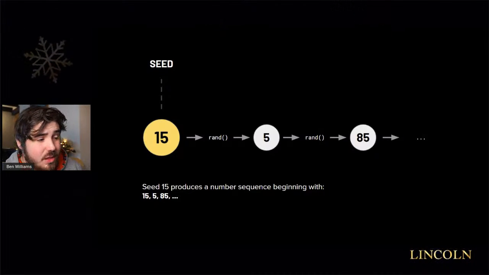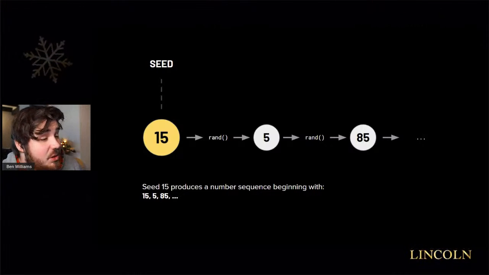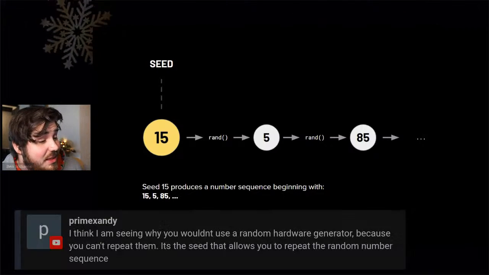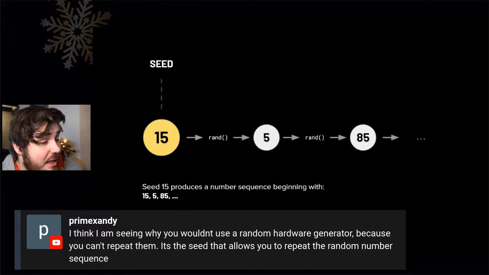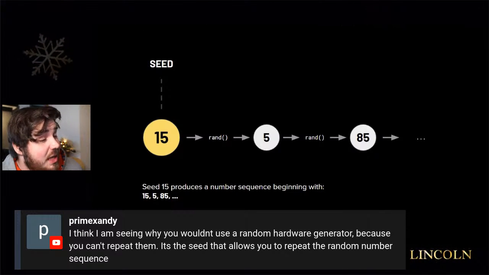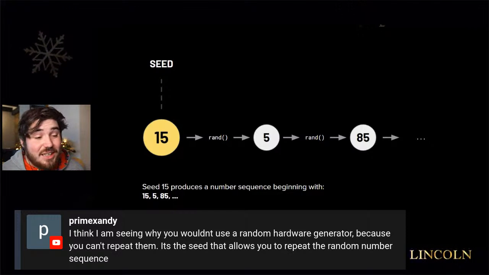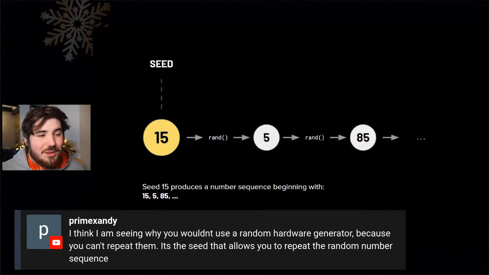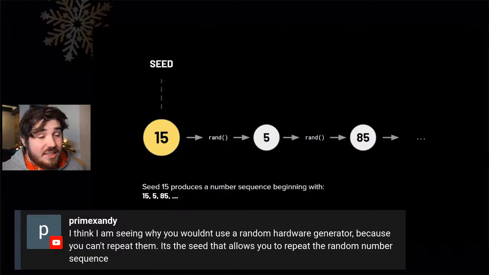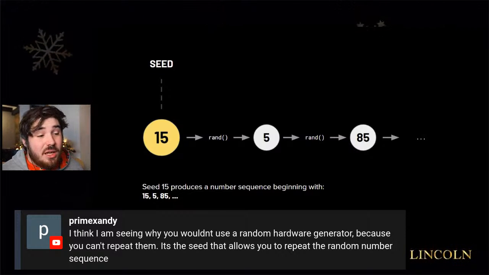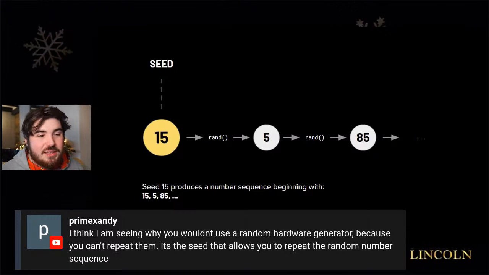Because of that state determinism rule, right? I've just got a comment from Primex Andy, which is a good comment, actually. I think I am seeing why you wouldn't use a random hardware generator, because you can't repeat them. It's the seed that allows you to repeat the random number sequence. Yes, that's a really good point, and it's something I wasn't going to bring up. Sometimes we want to use PRNGs because of these properties, where we're using state determinism.